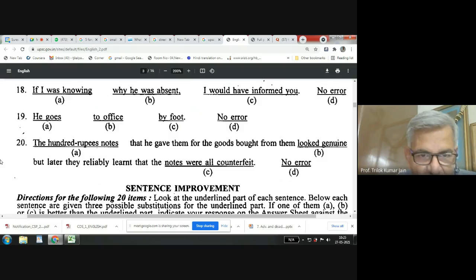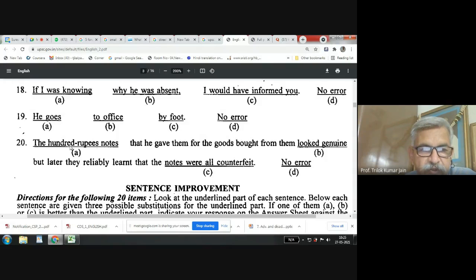It's not notes, it will be 100 rupees note. It was a single note. So it's not one note, there were many.